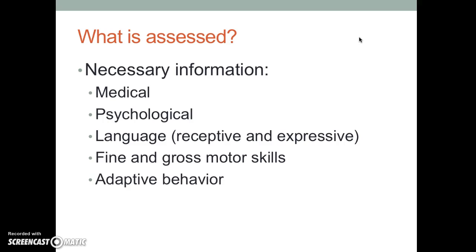What is assessed, and this can go for any student, is basically everything we can get our hands on. Now, if you're collaborating around a very specific need or issue, then you would focus that collaboration and that data collection around those specific goals.